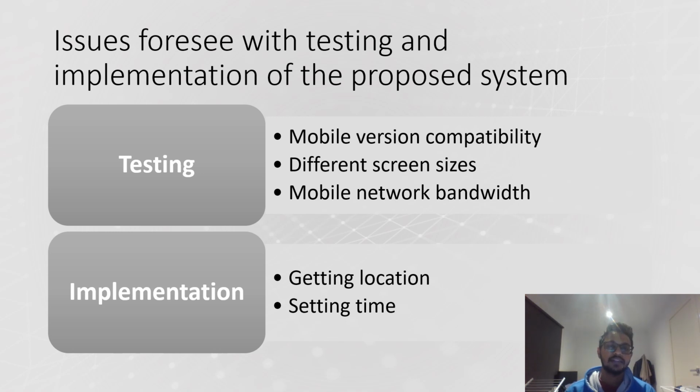When we develop our system, it might work for one mobile version and not work for another version, and also for different screen sizes. It will work fine with one screen size and will not work for another screen size. And there is the mobile network bandwidth.